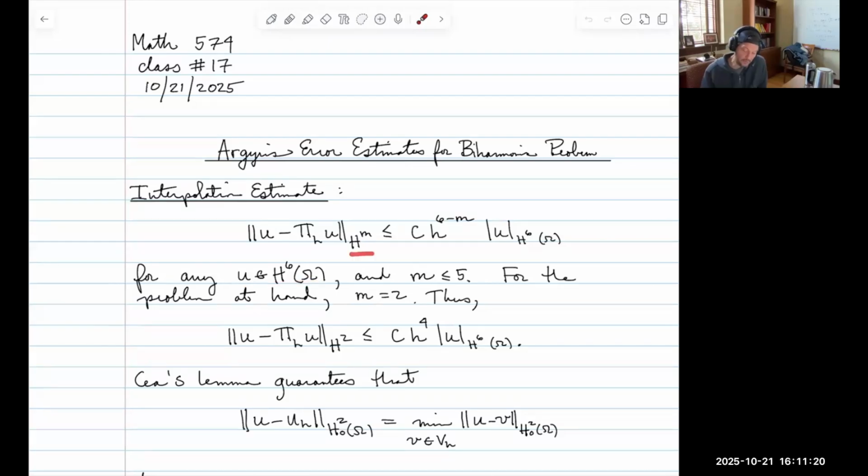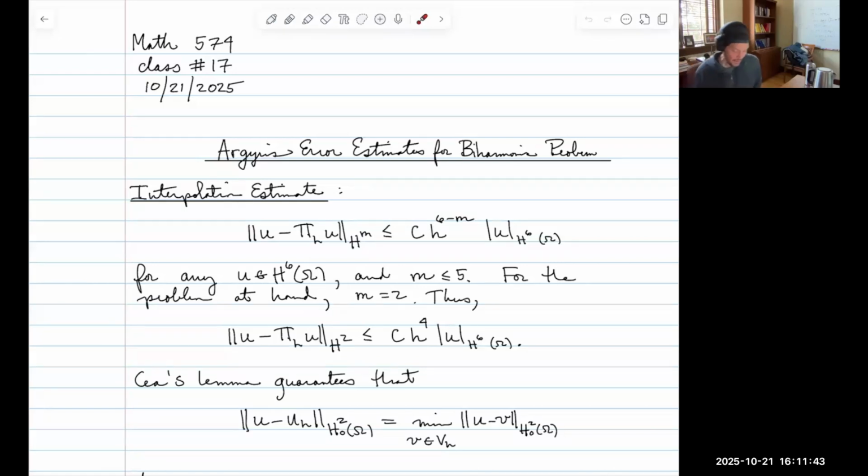And m, what should we expect from m? m should be less than or equal to 5 to make this make sense. So if m is equal to 5, this would be h to the 1, and therefore we get a first order convergence. If this is one lower, let's say m equal to 4, then I get a convergence order of 2, because 6 minus 4 is equal to 2.